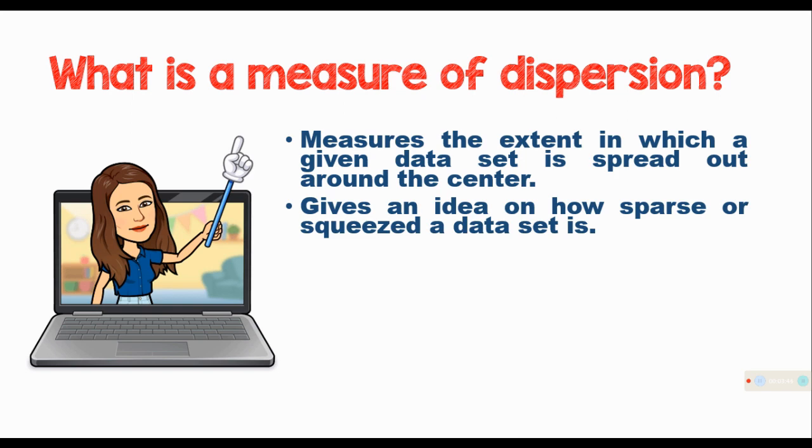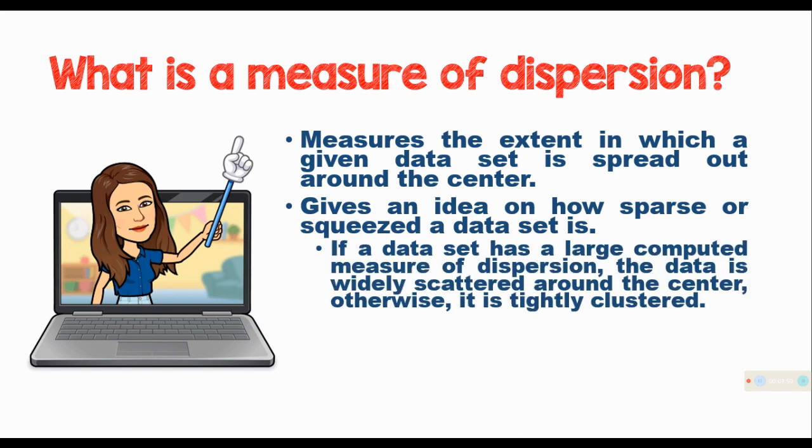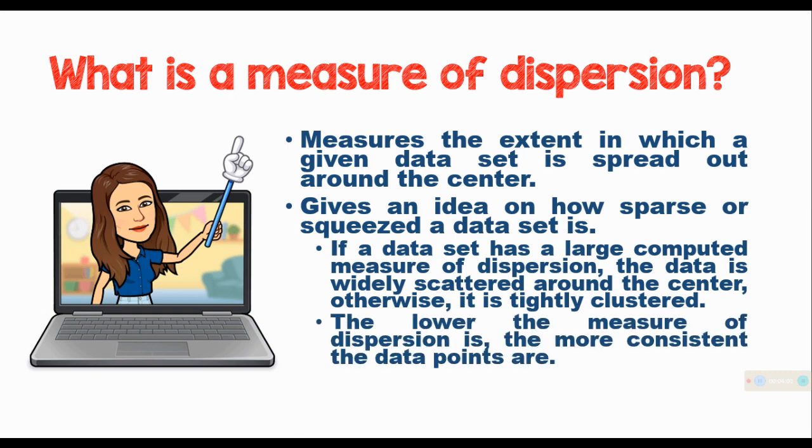It gives an idea of how sparse or squeezed a dataset is. If your computed value is large, then the data is widely scattered around the center. Otherwise, it is tightly clustered. And you have to take note of this: the lower the measure of dispersion is, the more consistent the data points are.